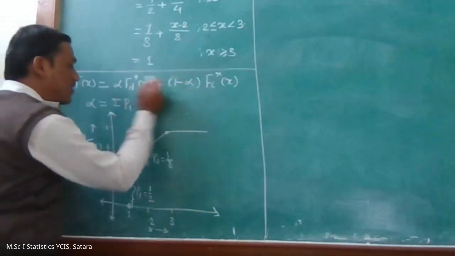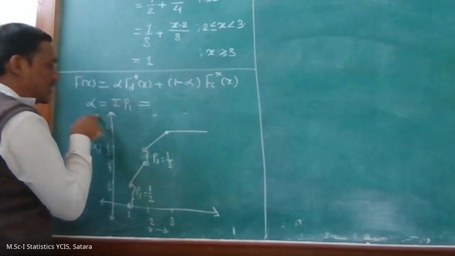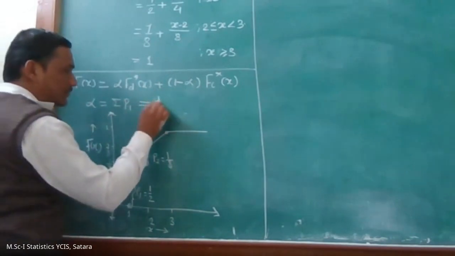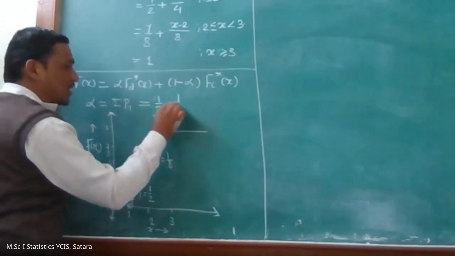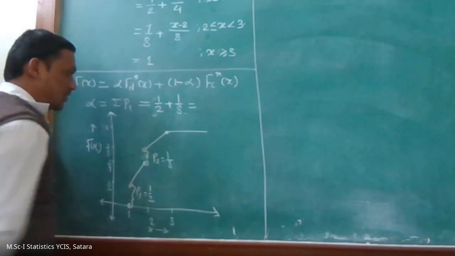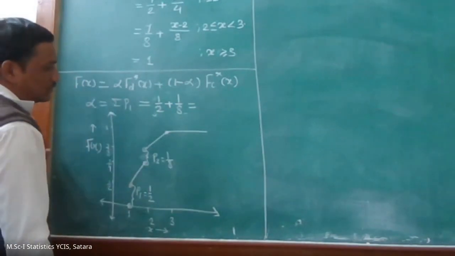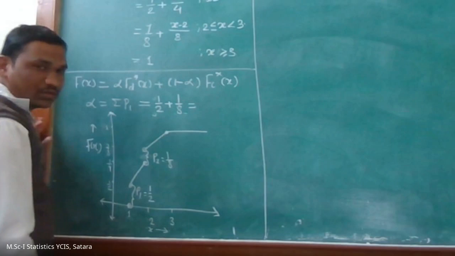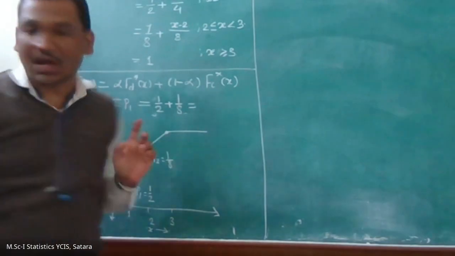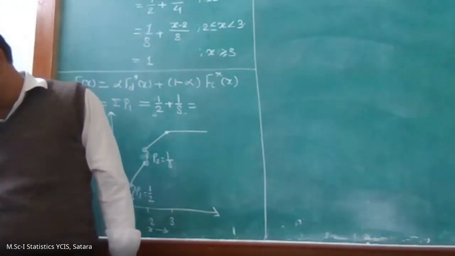Then what is the value of alpha? Alpha is nothing but the summation of p_i, that is 1/2 plus 1/8, which is 5/8. Therefore, alpha is equal to 5/8.